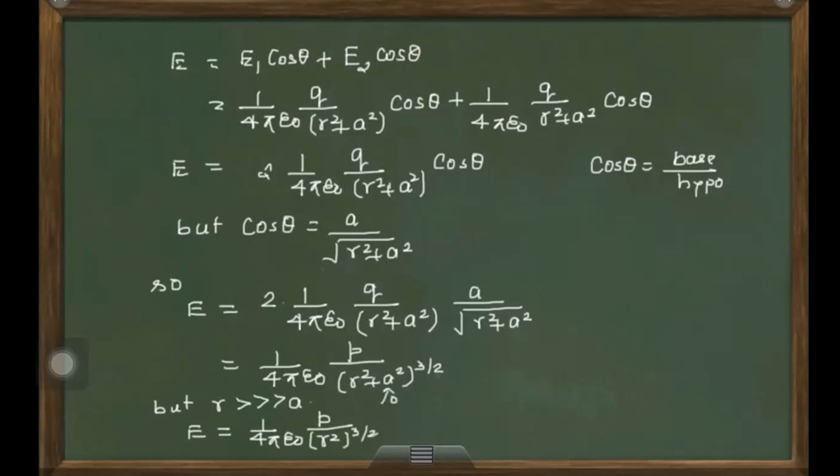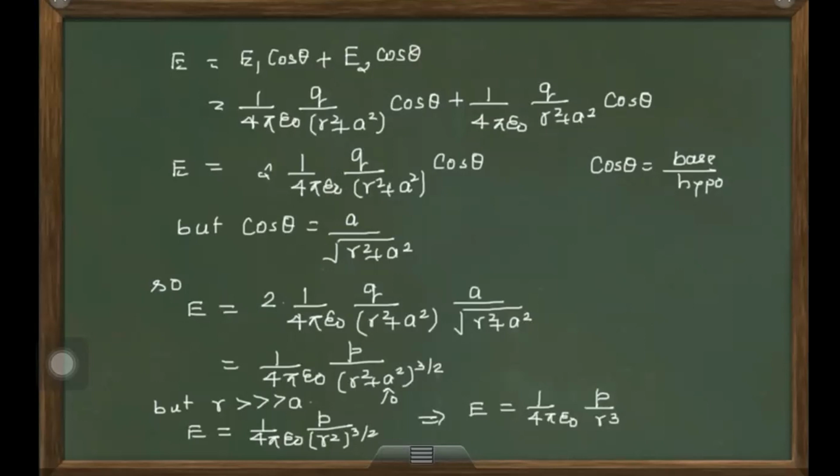And then if you write the result, it will be E is equal to 1 upon 4 pi epsilon naught P divided by R cube. Now, this is its scalar value.